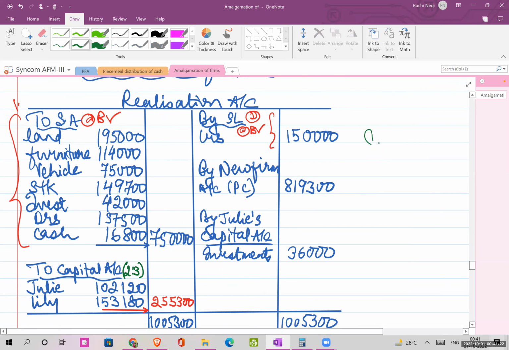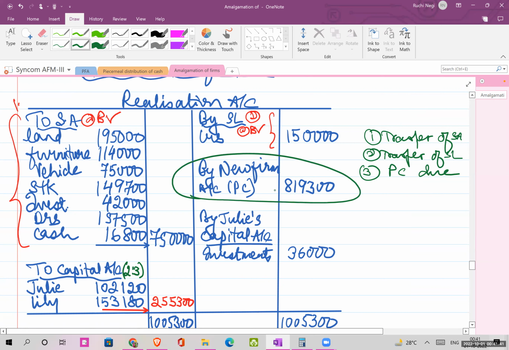What entries are you passing? First, you're passing the entry for transfer of sundry assets. Then you're posting transfer of sundry liabilities. Then you are transferring the PC due entry, this new firm account debit to realization account.